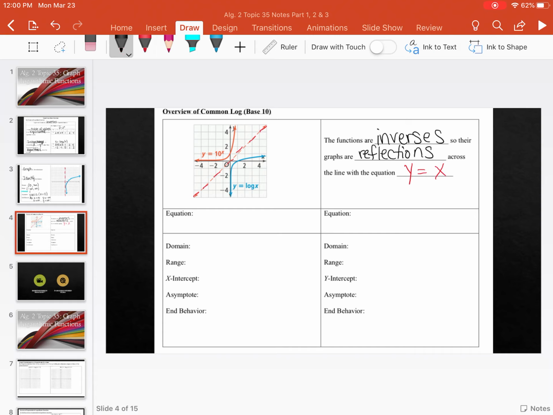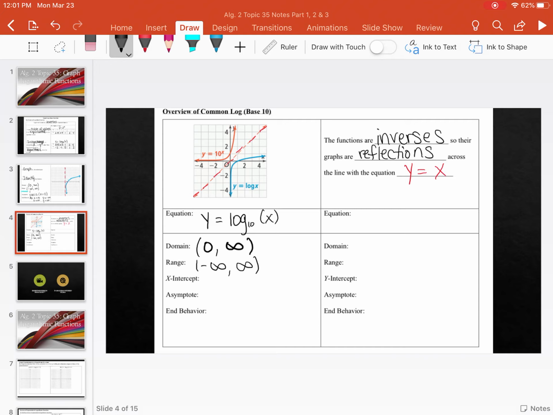If we were to compare these two with all those key features, if we have y equals log base 10 of x, remember we don't always write the 10 there, it's just assumed. Our domain is 0 to positive infinity, because it never goes negative. Our range is negative infinity to positive infinity.